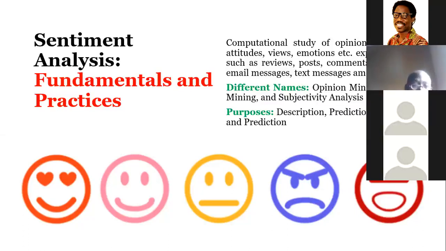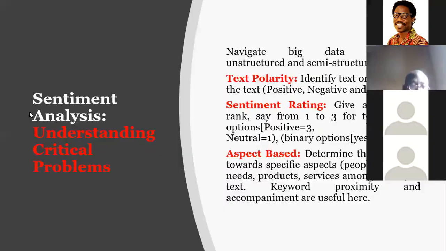Now, how do we get data to do sentiment analysis? Before we get data for sentiment analysis, we need to understand some critical issues. I've discussed big data, structured, unstructured, and semi-structured data.